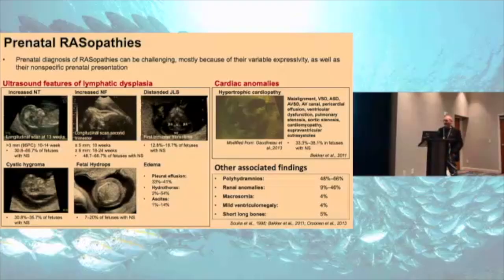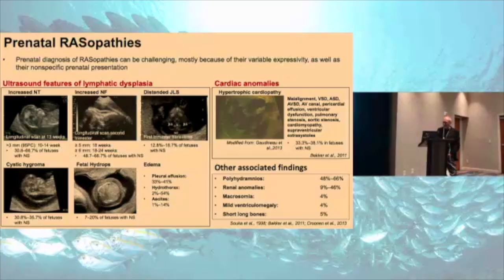In the first trimester, you can find in 10-15% of fetuses with Noonan syndrome distended jugular lymphatic sacs, which is an enlargement of the ducts that are positioned bilaterally to the neck. Then cystic hygroma can be found in 30% of fetuses with RASopathies, with Noonan syndrome.